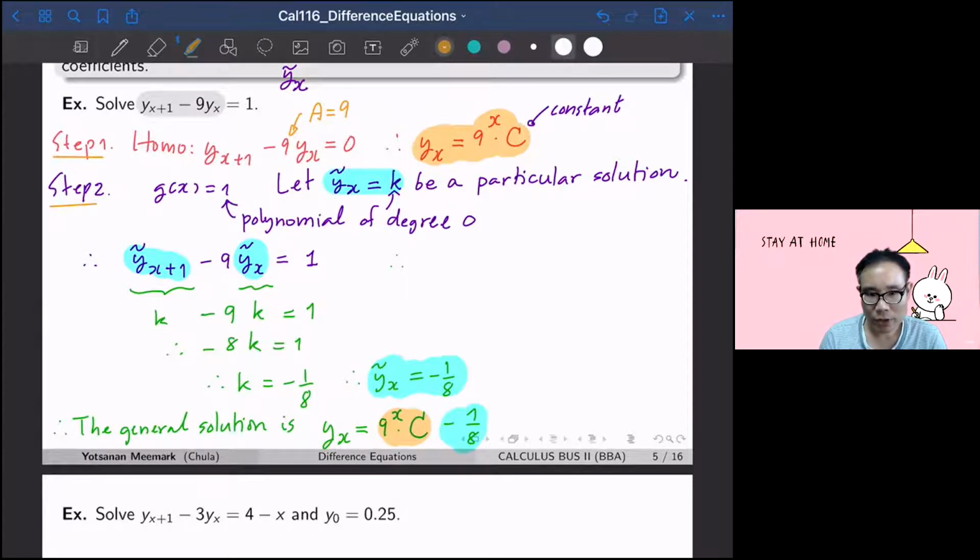If the question gives you some initial value like y(0) equal to what, here you're gonna be able to solve for C. I'm gonna solve for C in the next example.